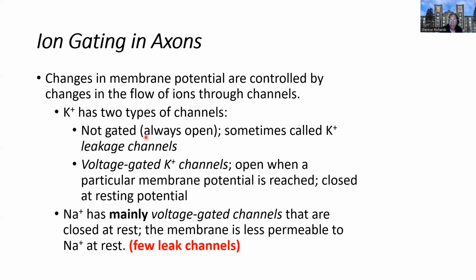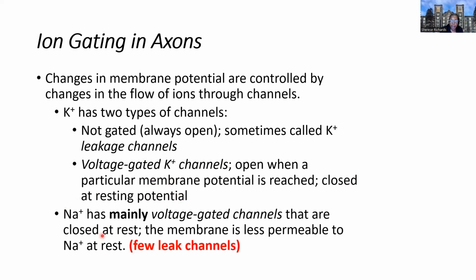So there are significantly more leak channels for potassium. But then there are also voltage-gated channels that are going to open up when the membrane potential gets to a certain value. And we'll talk about what that is. These specific voltage-gated channels will be closed when the neuron is at rest. So they're not necessarily contributing to the resting membrane potential.